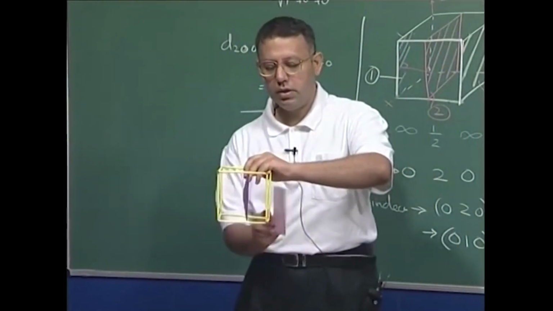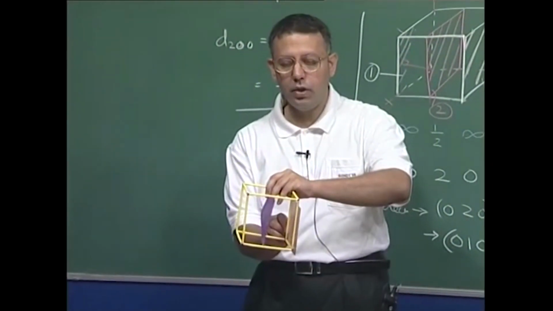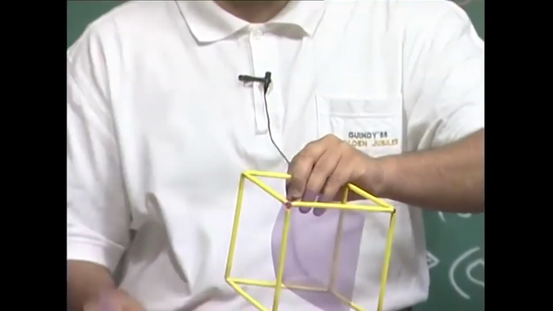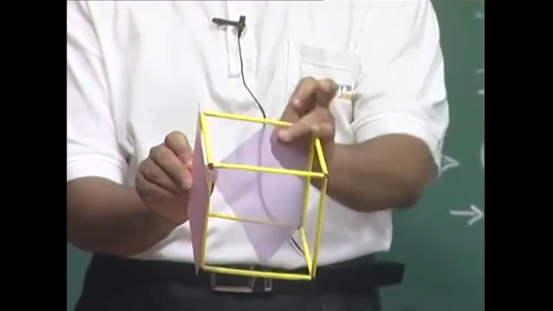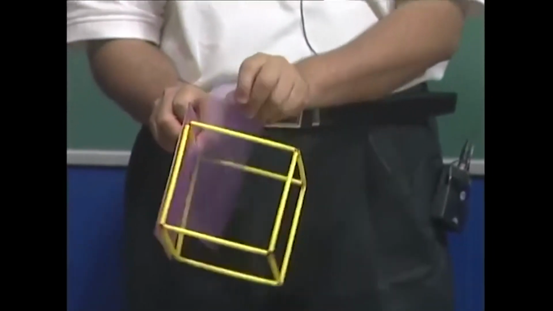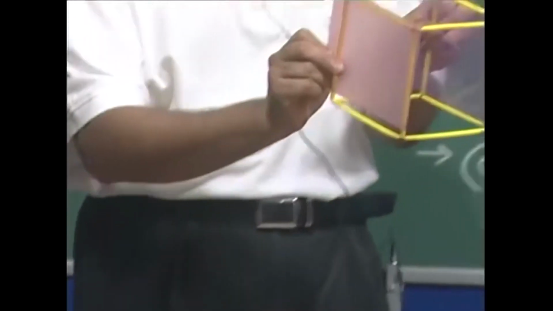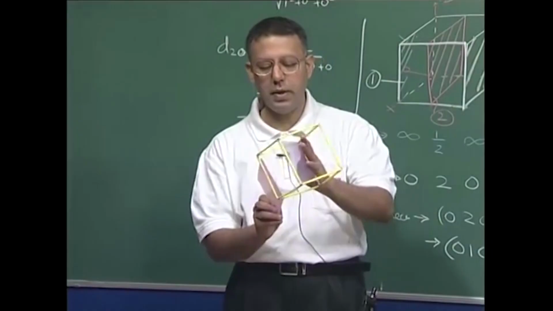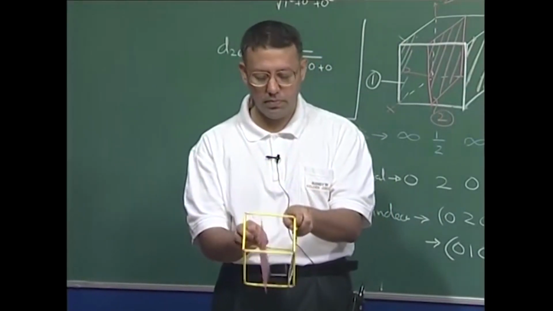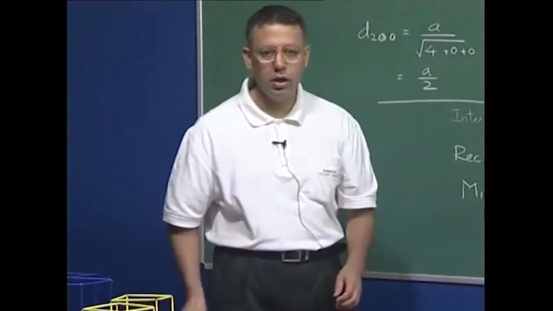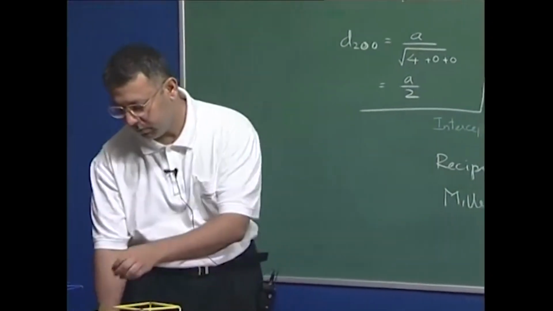And what is the interplanar spacing? It is half of what it would be if my planes were located only in this end and this end. So, this is my 100 set, as you can see. My 200 set has a plane in the middle also. Therefore, it has half the interplanar spacing.